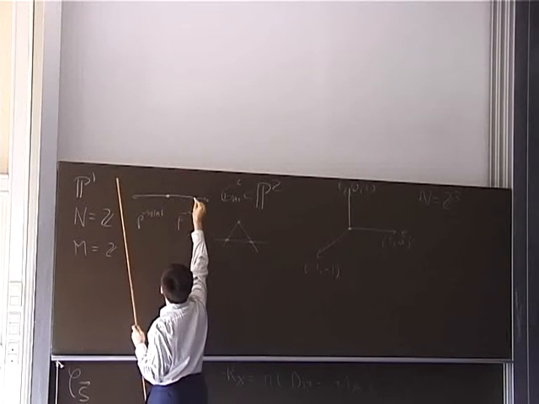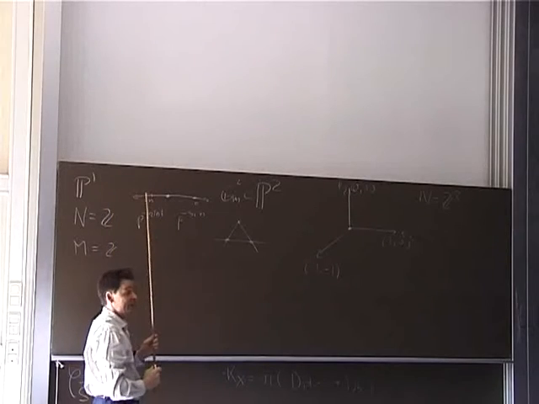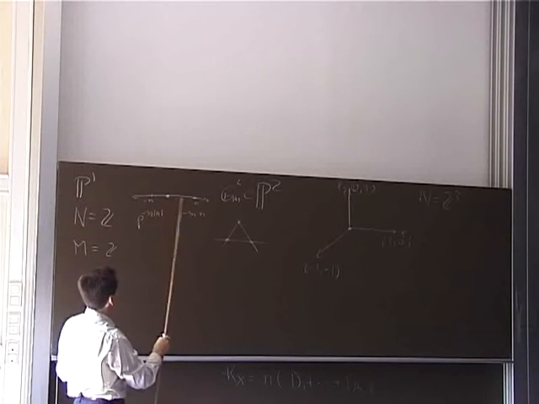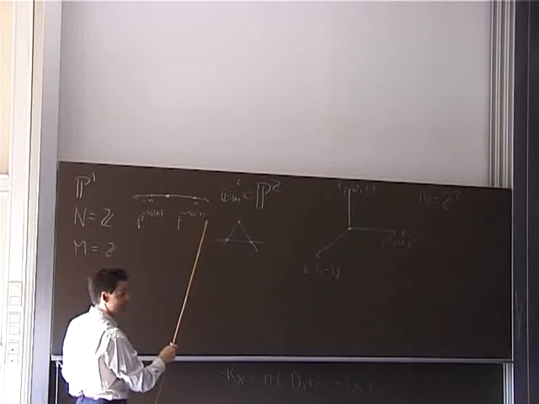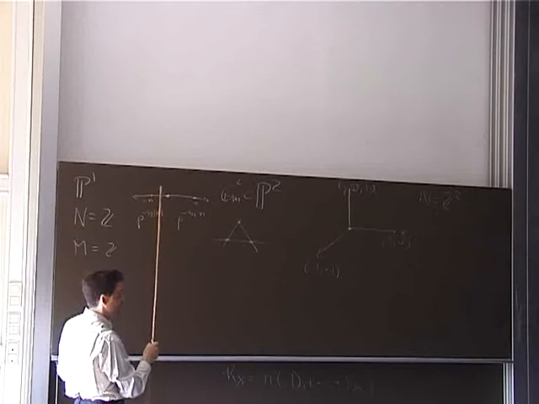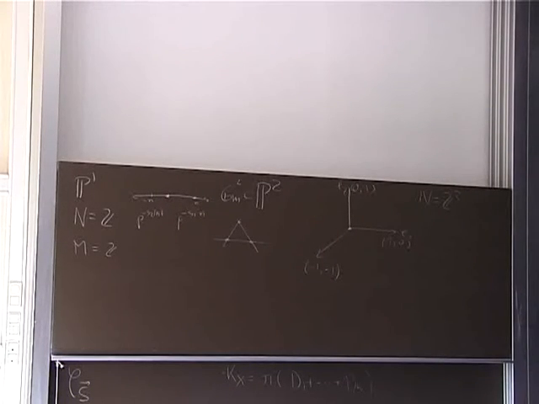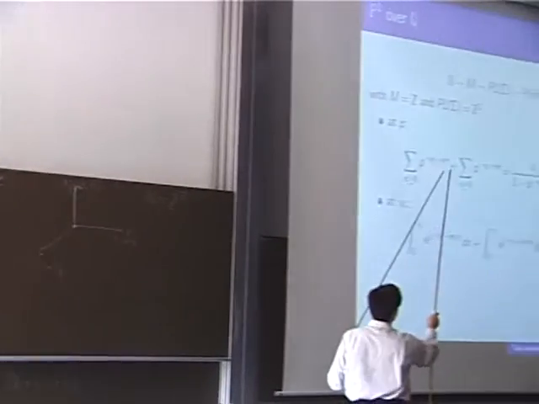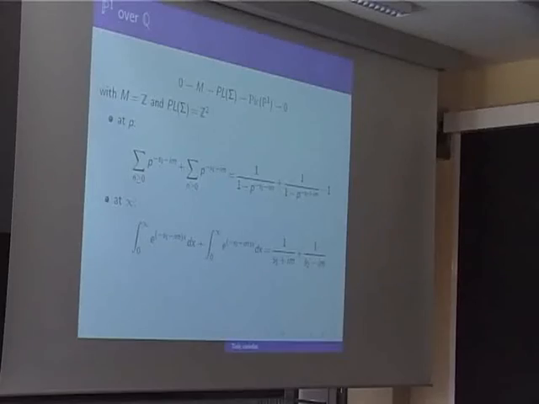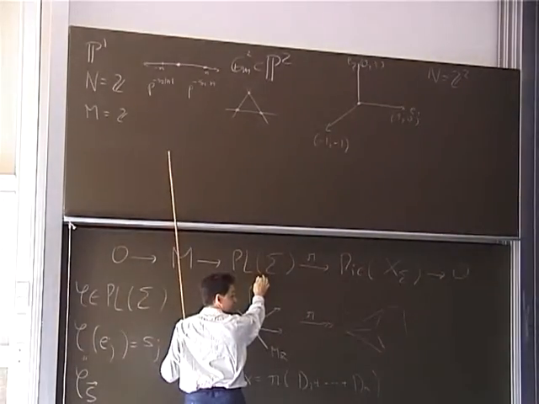Here it's n, and here minus n, and now I need to integrate, so I just have to sum over the lattice a function which on the right side looks like p to the minus s1 times n, and on the other side p to the minus s2 times the absolute value of n. And we have two geometric series. One geometric series is here, where I already put in the character, and the other geometric series is here, with the character embedded exactly the way this n gets embedded over here. Okay?